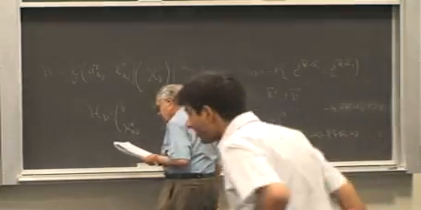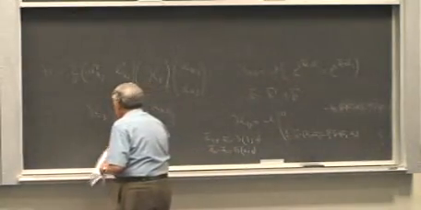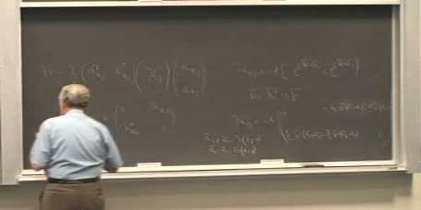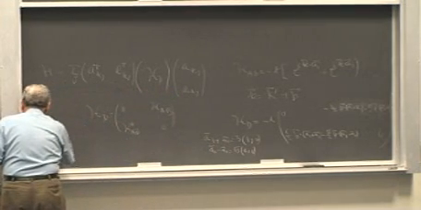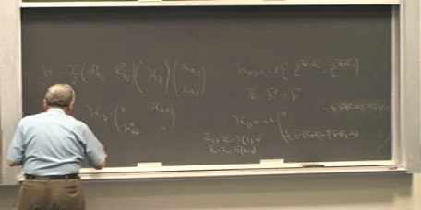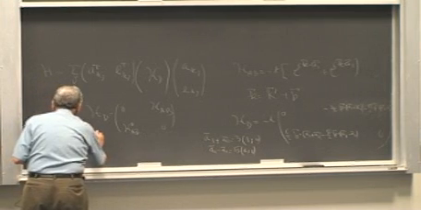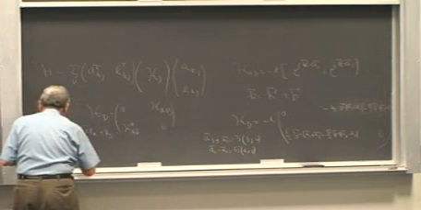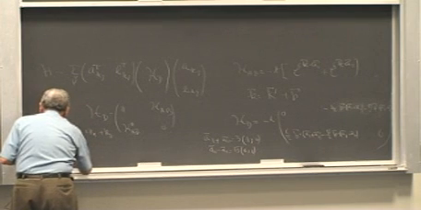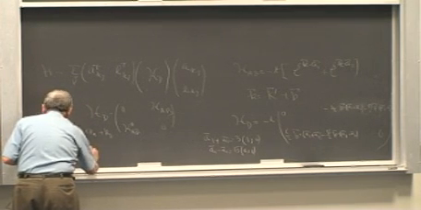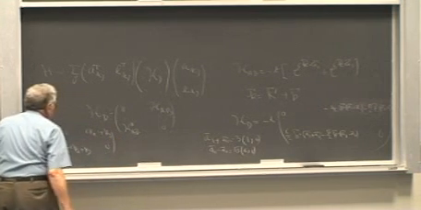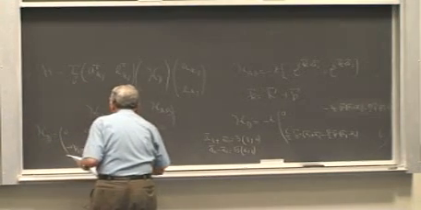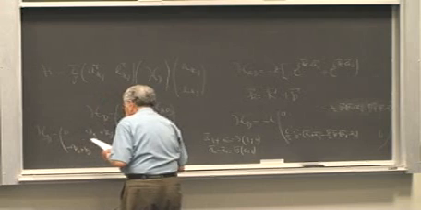Okay, so if you do that and put in these values, H_D will be the matrix 0, i p_x plus p_y, and minus i p_x plus p_y, 0, which you can write in terms of Pauli spin matrices.